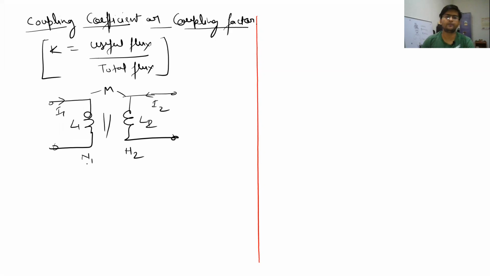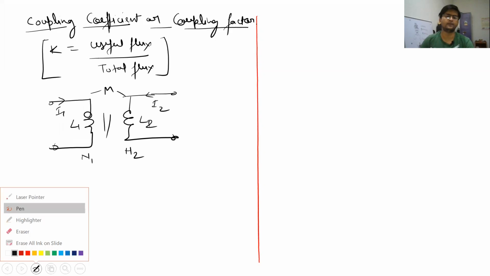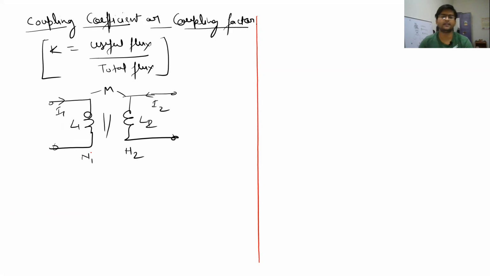So we saw in the previous case that if the first coil is producing a flux phi1, it will have two parts, phi11 which is leakage and phi12 which is the useful flux. And similarly the secondary coil, if it is producing a total flux of phi2, it will also have a leakage flux phi22 and useful flux phi21.